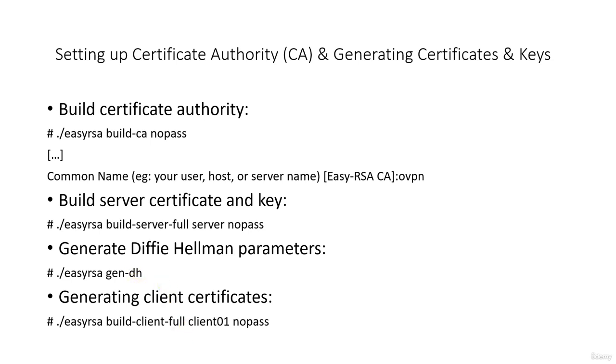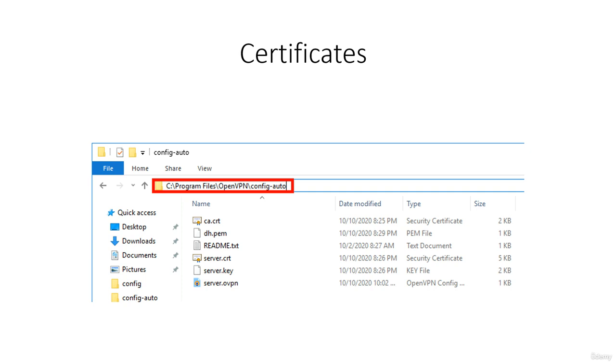After all of this is done, we need to put all of the files that we created, like ca.crt, dh.pem, server.crt, and server.key, into the config directory. These are the files we need to copy and paste into the config folder.